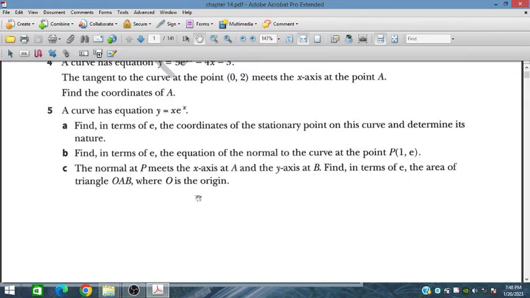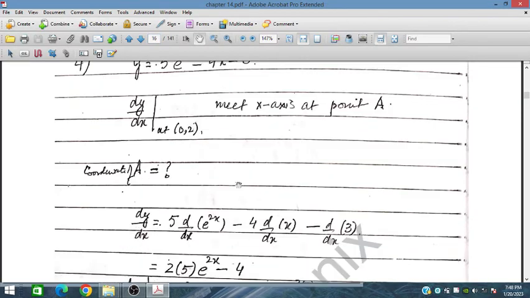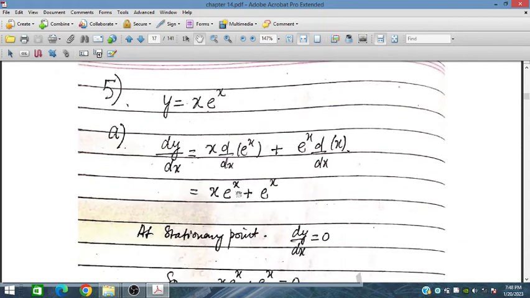So this is the curve and the coordinates of the stationary point. Let's just find the stationary point first. So y is this. We differentiate it, and on differentiation we have obtained this. At a stationary point, dy by dx is equal to 0.